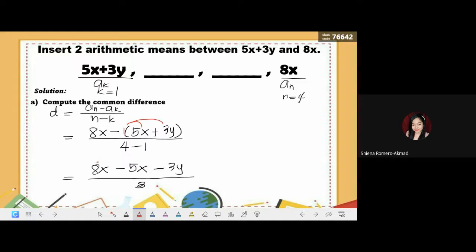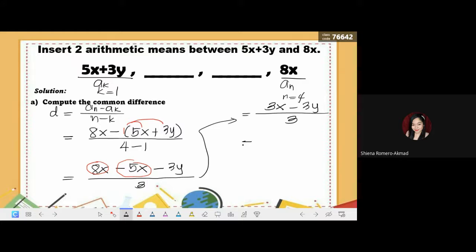As you can see dito, meron tayong similar terms. I-minus natin yan. We will have 8x minus 5x is 3x minus 3y divided by 3. Now, ano ba yung ibig sabihin ng divided by 3 dyan? Ibig sabihin yan, siya ay denominator ni 3x at ni negative 3y.